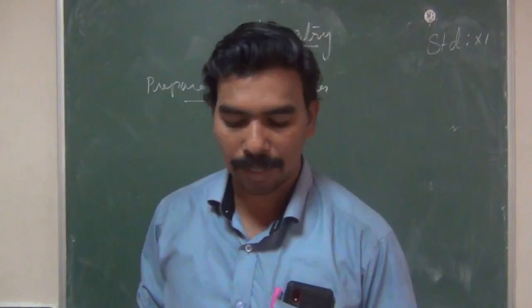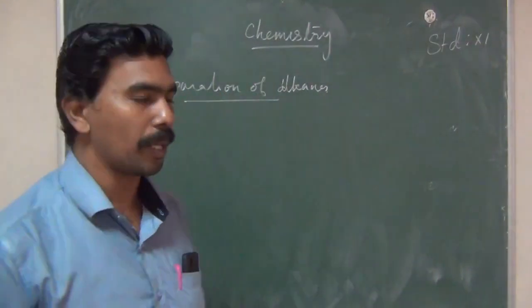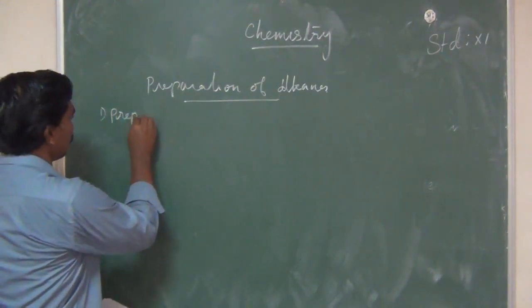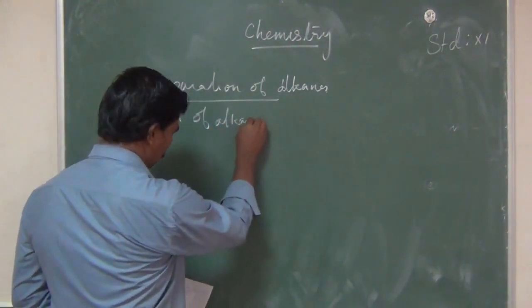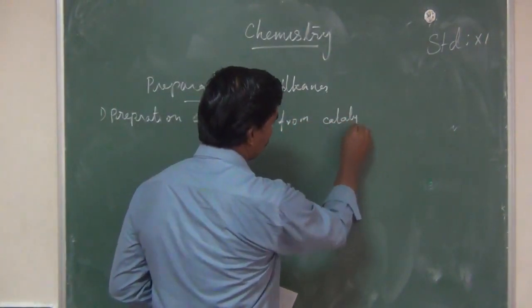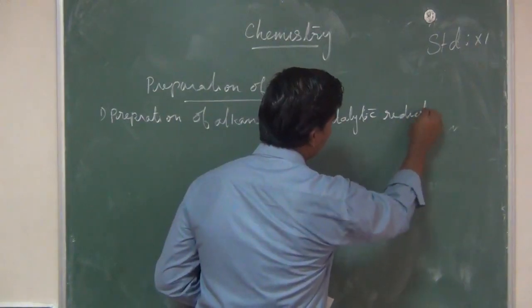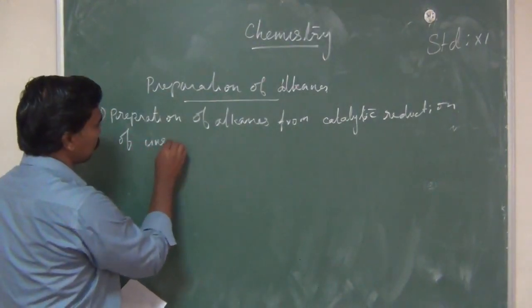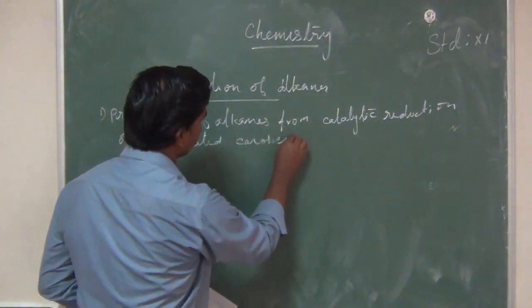Preparation of alkane. The first one is the preparation of alkane from the catalytic reduction of unsaturated hydrocarbons.